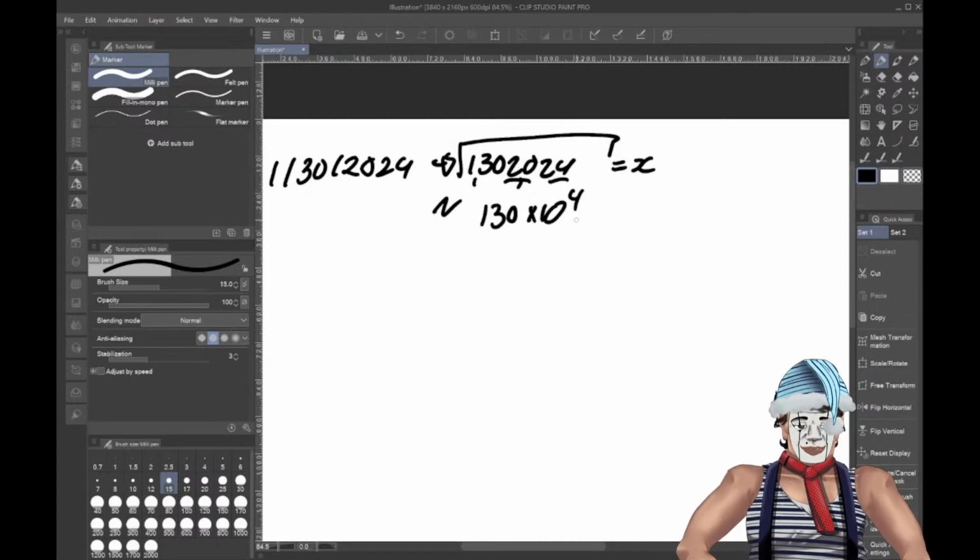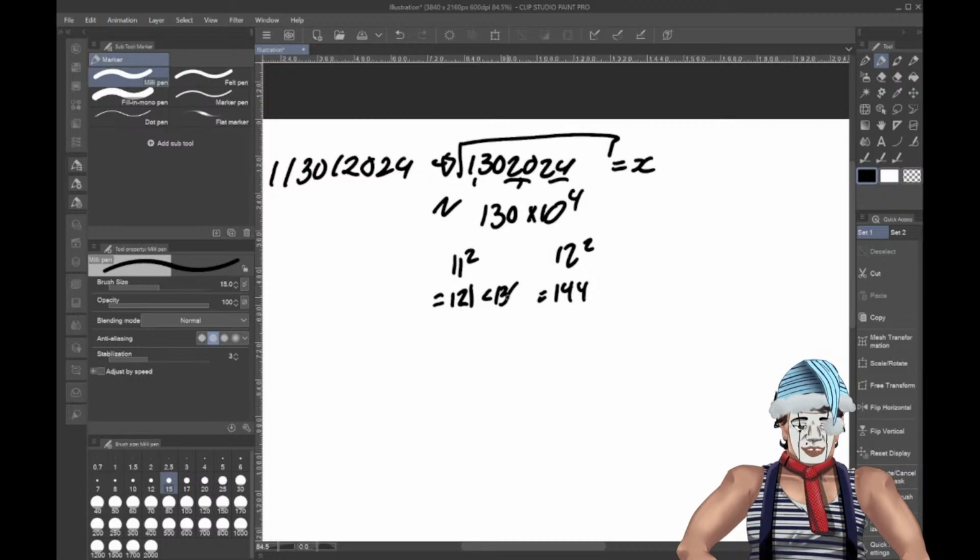What root numbers are around 130? I think 12 squared and 13 squared. 12 squared is 144, no, that's too large. 11 squared and 12 squared. 11 squared is 121, 12 squared is 144. 130 is around here, yeah.